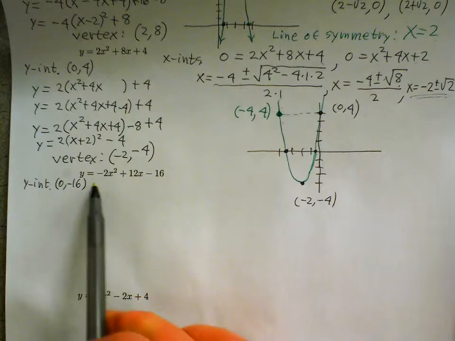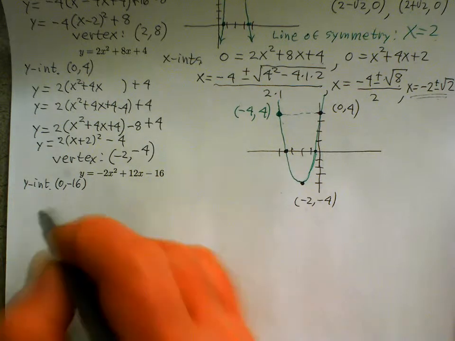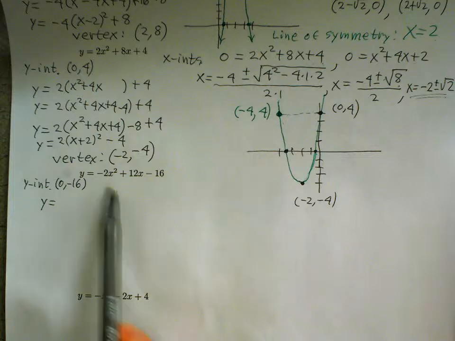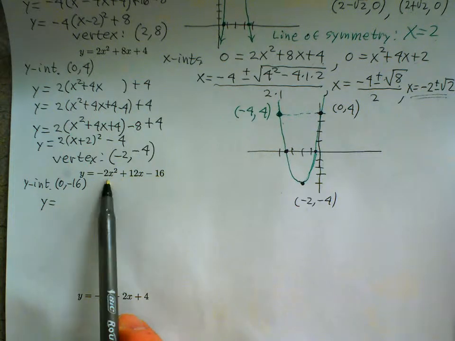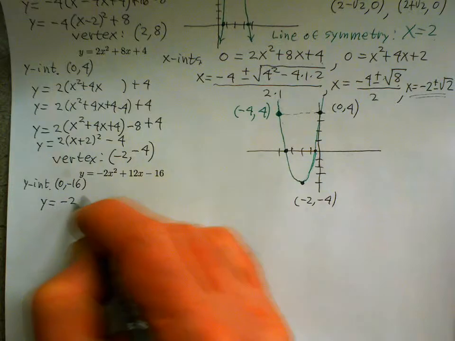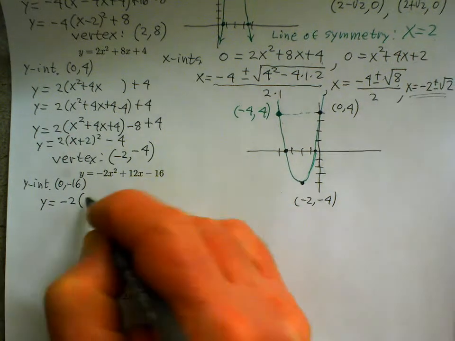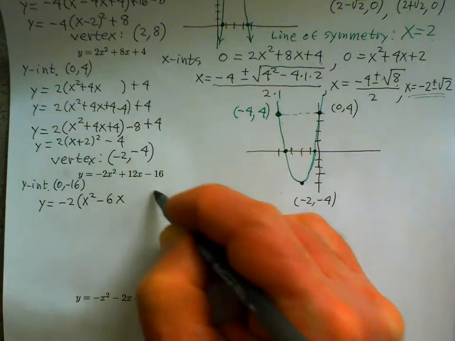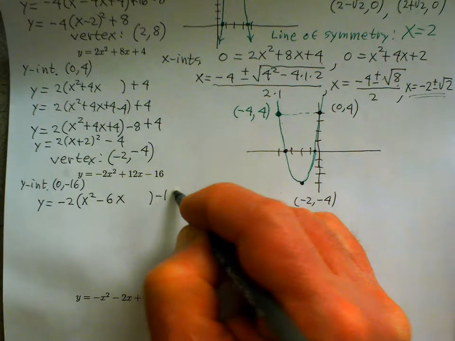Then we'll get it into vertex form. Factor -2 out of the x squared term and the x term, so we get y equals -2 times the quantity x squared minus 6x, and leave the minus 16 on the outside.